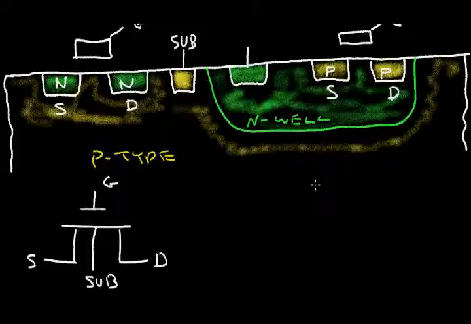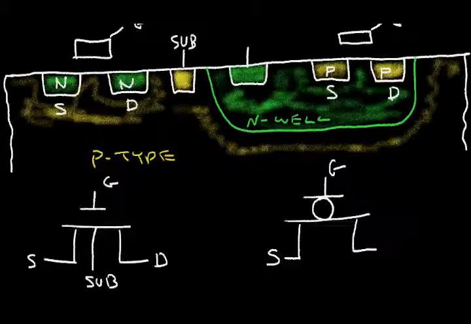Now let's draw the symbol for the PMOS transistor. I draw a little circle in the gate region to distinguish this transistor from the NMOS. So this is the gate material, this is the source, this is the drain.